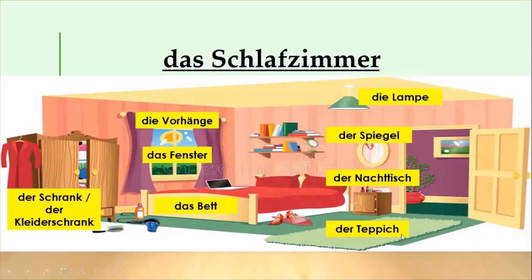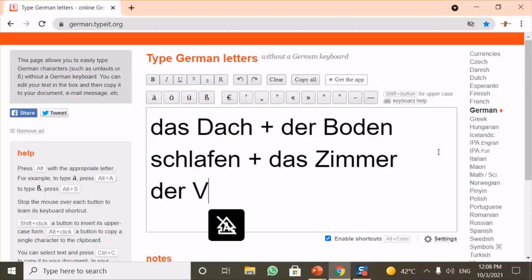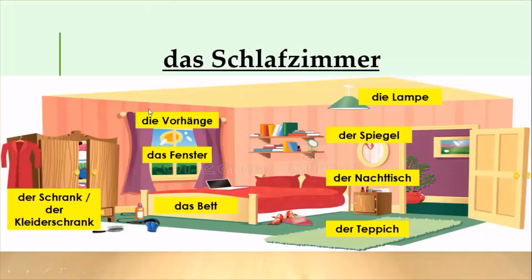Der Teppich is the carpet, das Bett is the bed, das Fenster is the window, der Vorhang is one curtain, plural die Vorhänge.